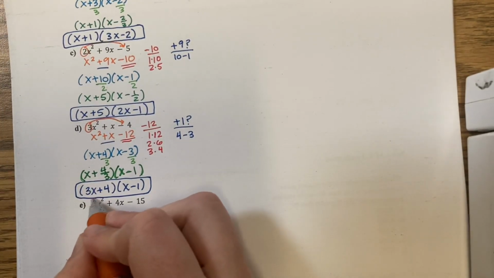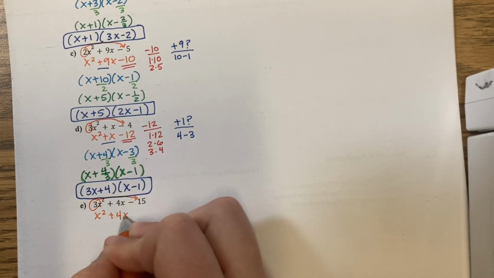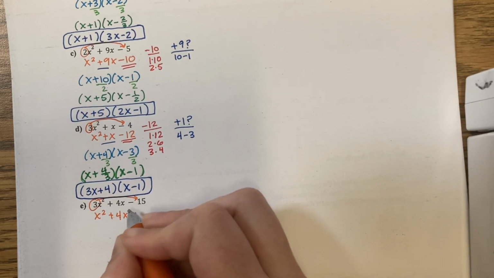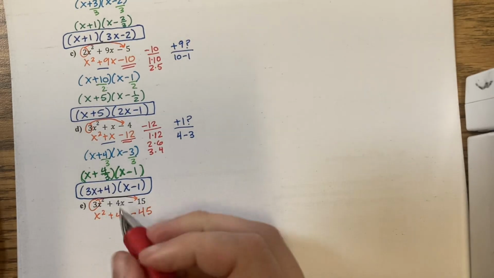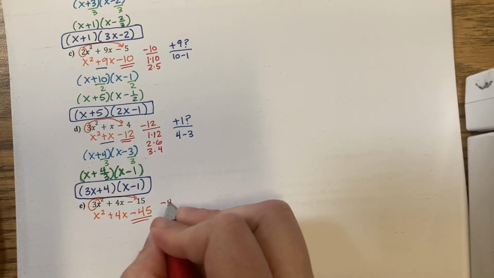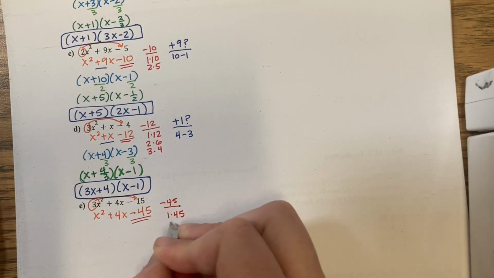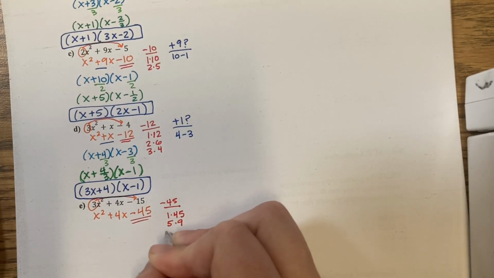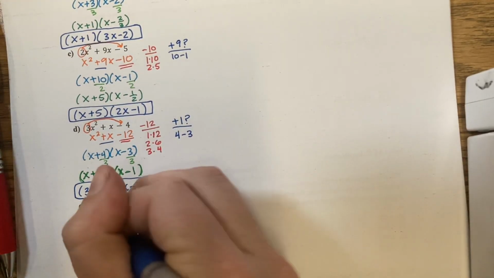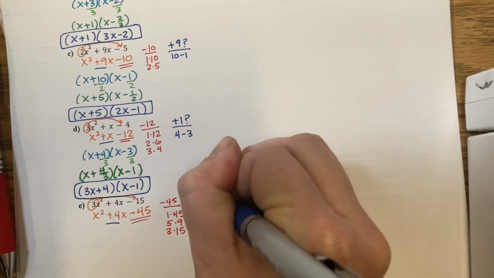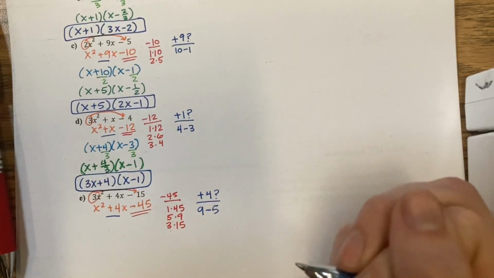Three won't divide out. X squared plus 4x minus 3 times 15 is 45. I look for factors. And I need them to add up to a plus 4. 9 minus 5 makes a plus 4.